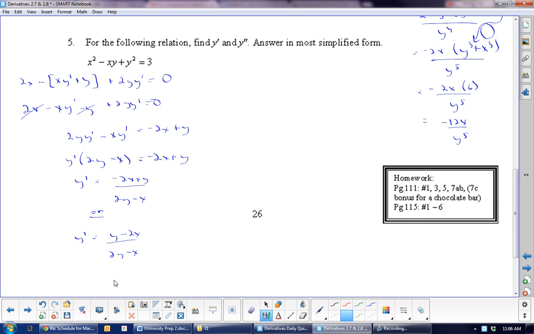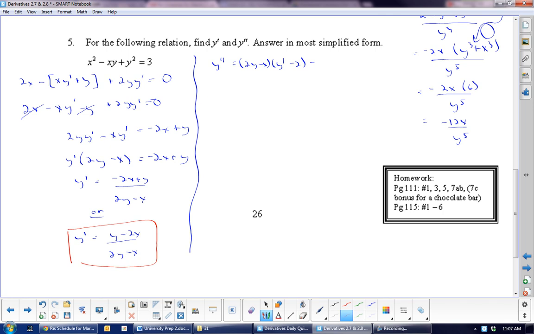Okay, so this one would be easier to do the quotient law on too, so we'll do y double prime equals. So we've got low, 2y minus x times the derivative of the high. So that would be y prime minus 2. Quotient.